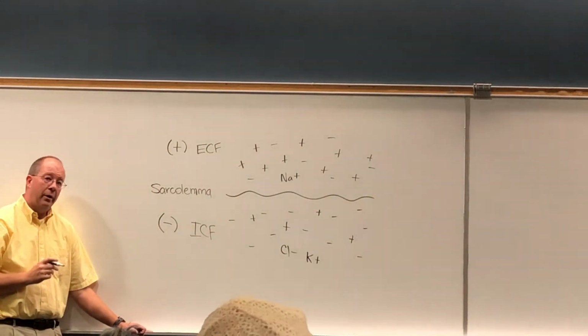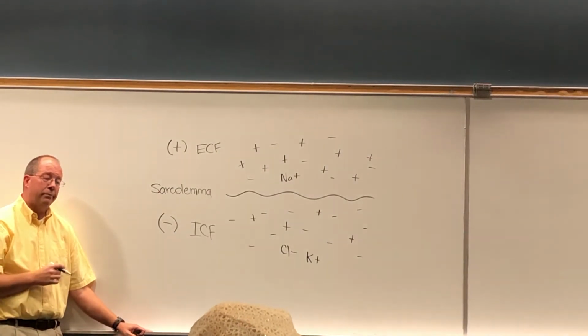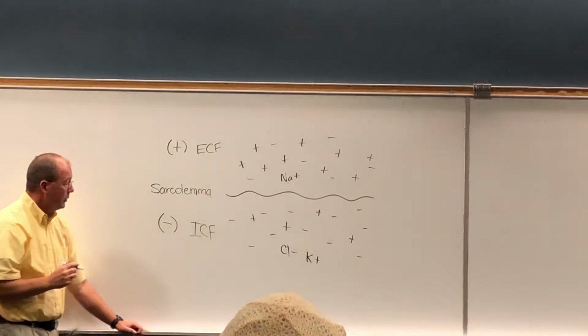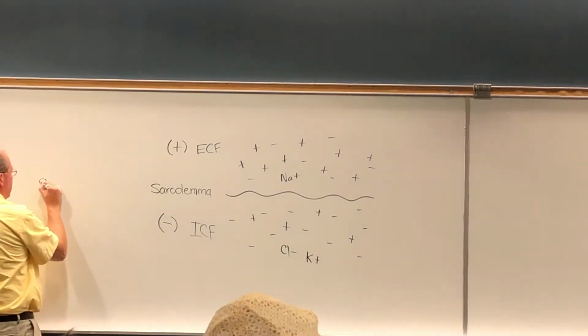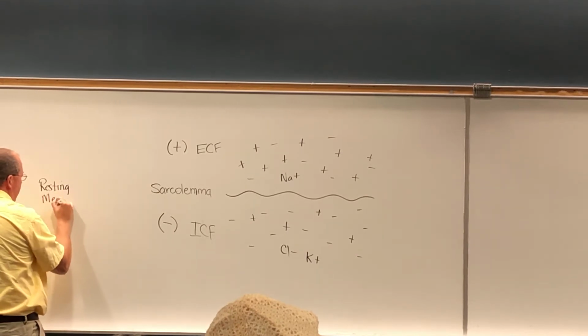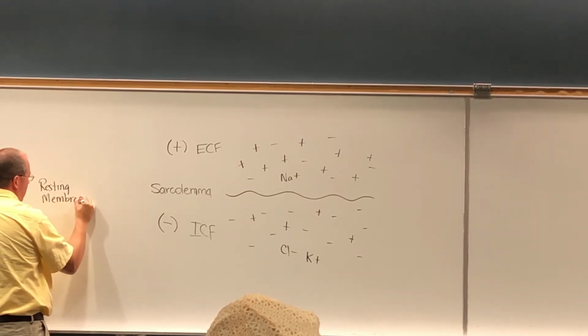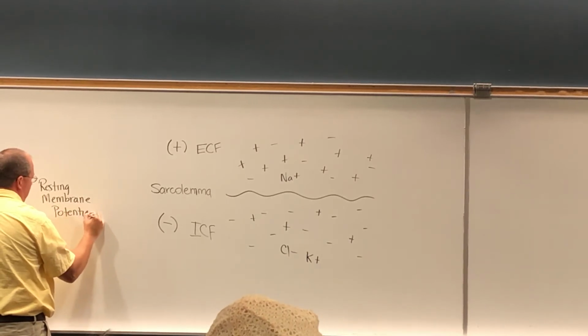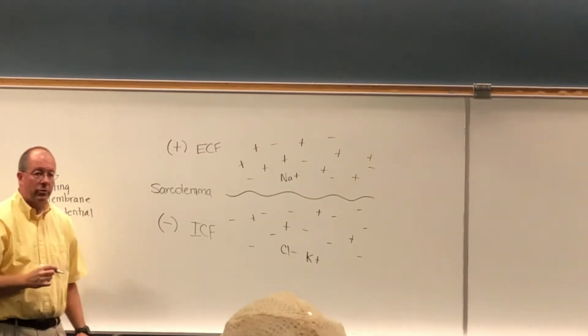Now that we know the membrane's stuck in the middle, we have to talk about some terms. One is called resting membrane potential, and that's what we drew right here.